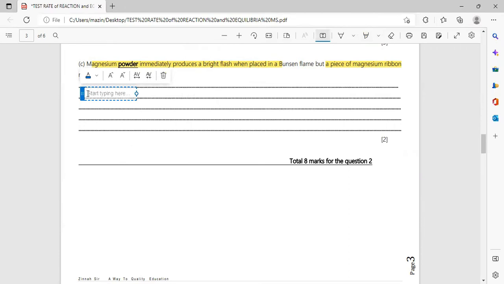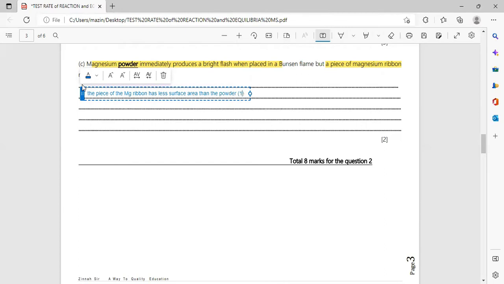This is okay. The piece of the magnesium ribbon has less surface area compared to the powder, right?